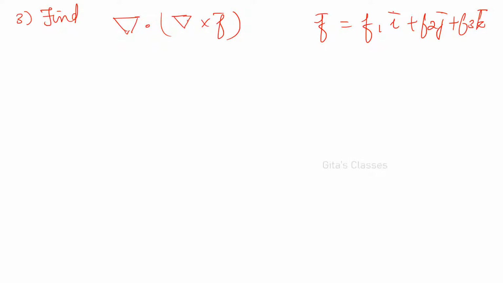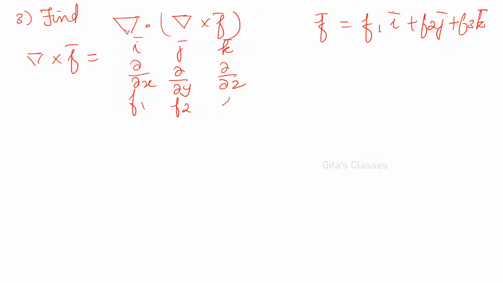First let us find the inside, del cross f. So del cross f is the determinant with i, j, k. The first two rows you just write dou by dou x, dou by dou y, dou by dou z; they will never change. This is the cross product. Then f1, f2, f3. You have to expand this.